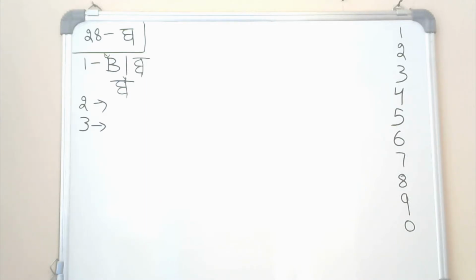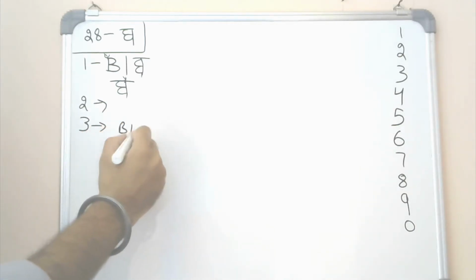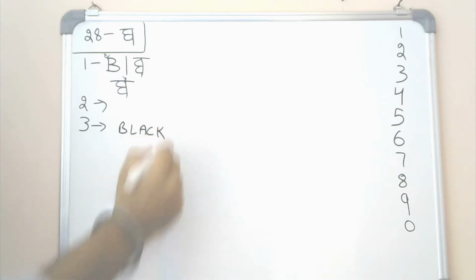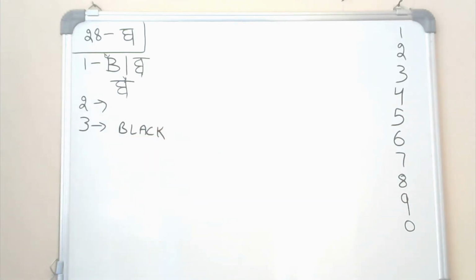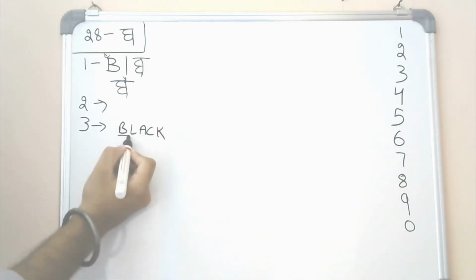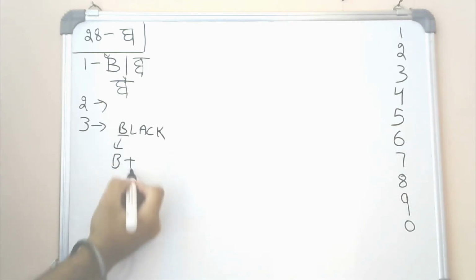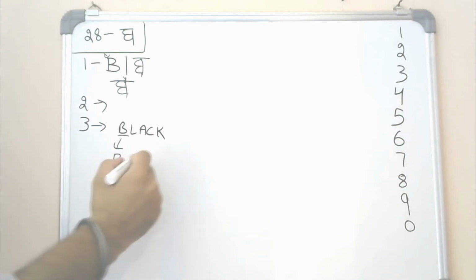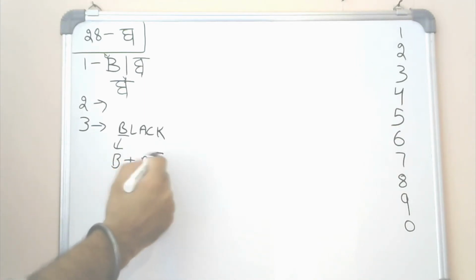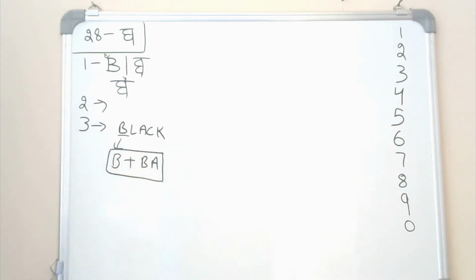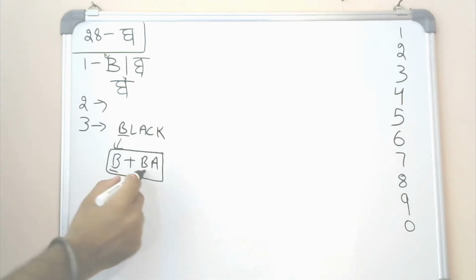Pronunciation of this letter will be, you can use this word, black. From black, I am going to get the sound of B. Then ba. B, ba.